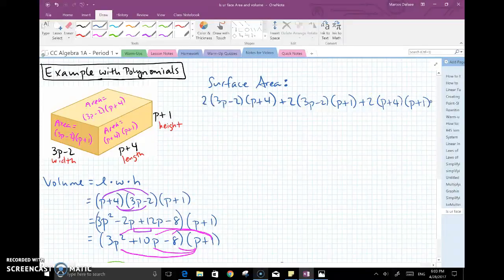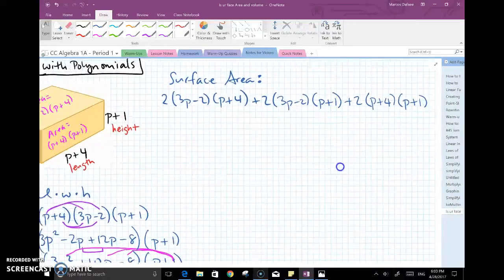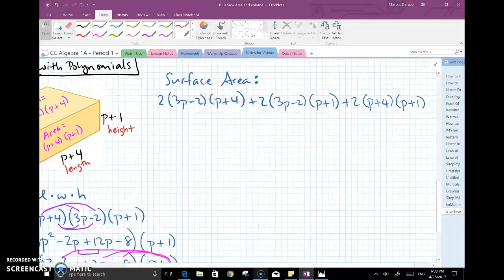Now this looks terribly long, and it is, but we can break this down if we just work in steps. Okay, so the first step I need to do is multiply these binomials together, get a trinomial from that, and then multiply the trinomials by 2, and then just add everything together at the end. So it's going to get a little bigger before it shrinks down. So here we go.